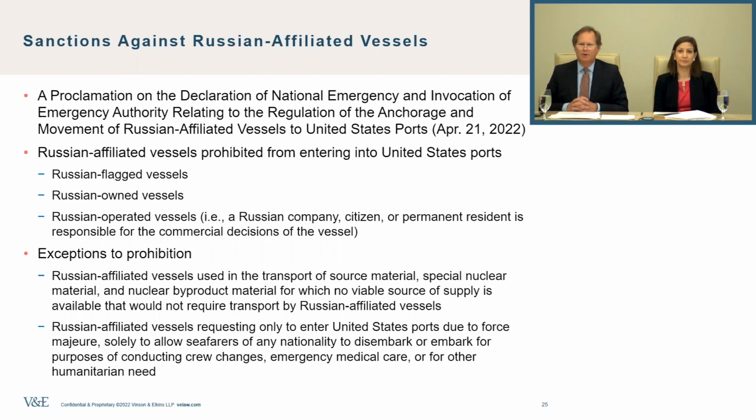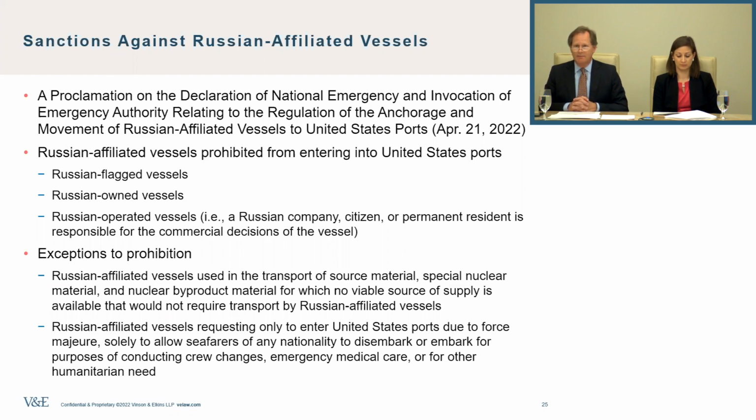So what we are not talking about here is a vessel that has a Russian crew, okay, many vessels have Russians working on the crew of that vessel. That is not necessarily a Russian-affiliated vessel. What we are talking about is any vessel that is Russian flagged, any vessel that is Russian owned, if it happens to be owned by an oligarch or by a Russian company, and any vessel that is Russian operated.